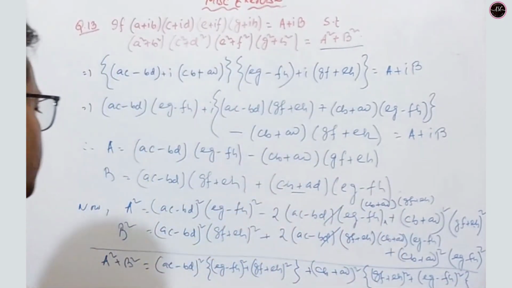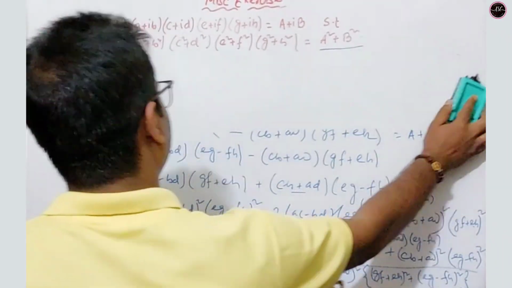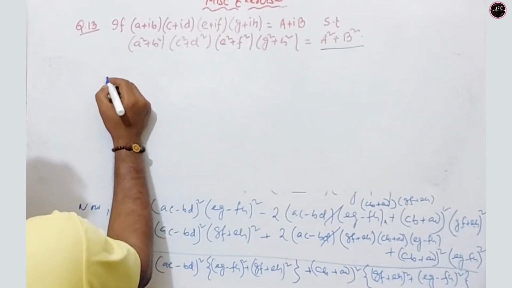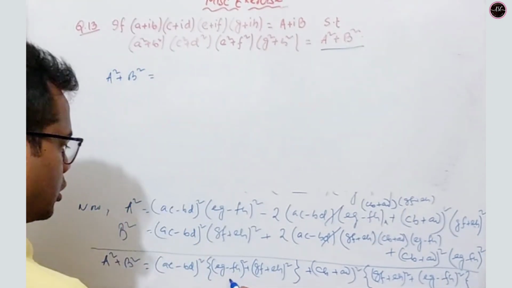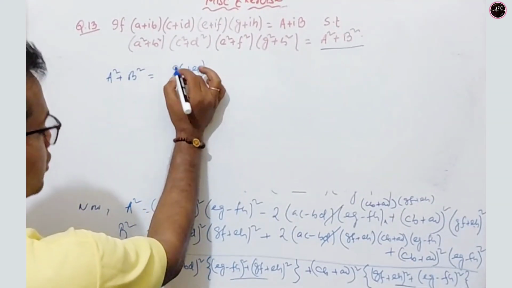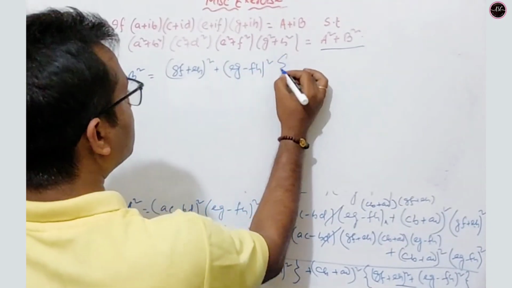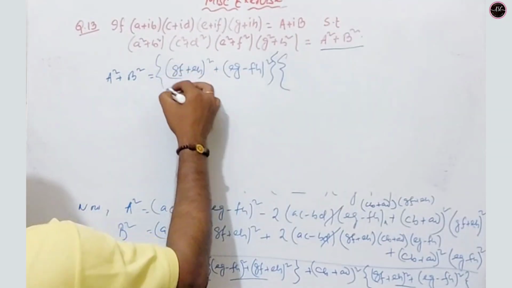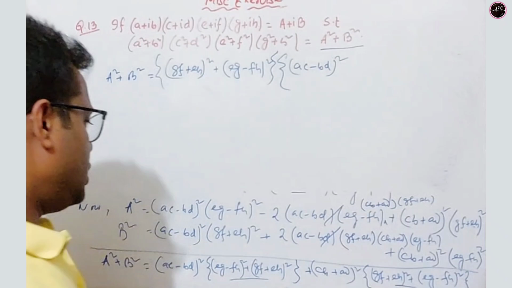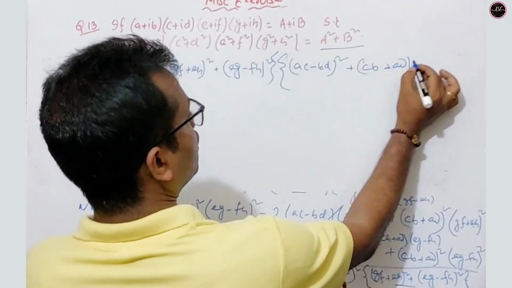Now from here I can write a square plus b square equal to, now the common element is this, that means (GF plus EH) whole square plus (EG minus FH) whole square, and there will be (AC minus BD) whole square, and here will be (CB plus AD) whole square.